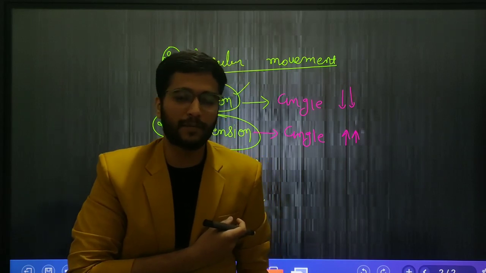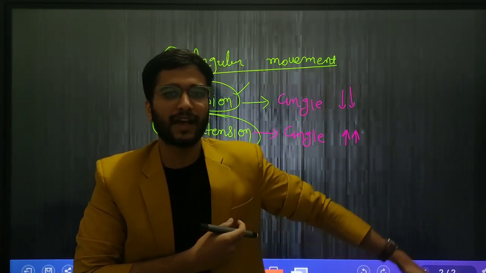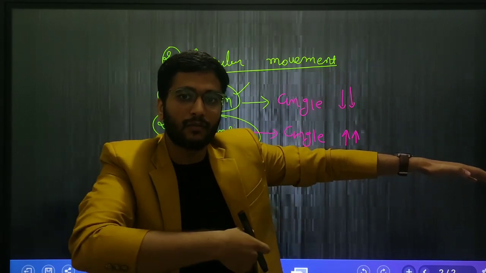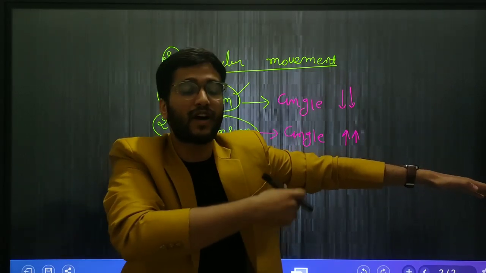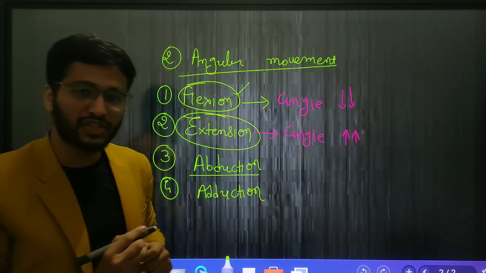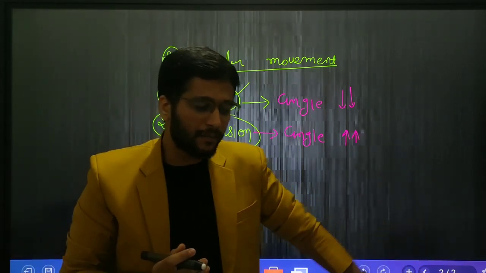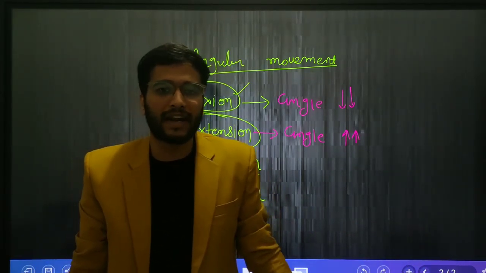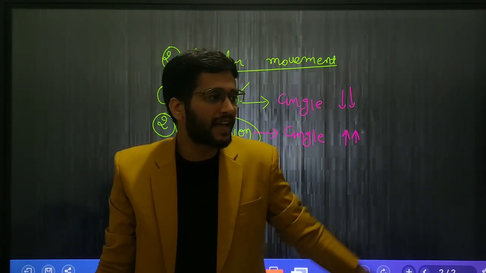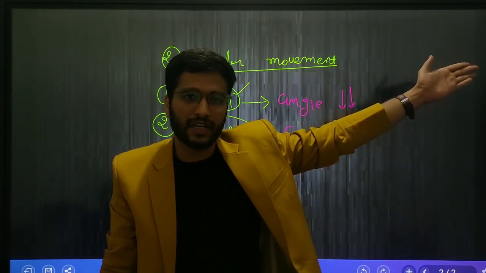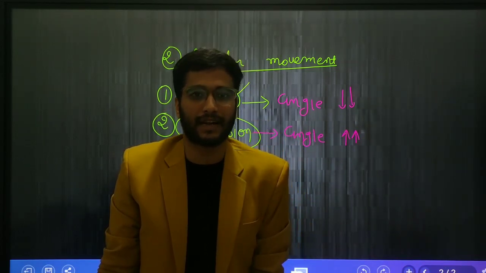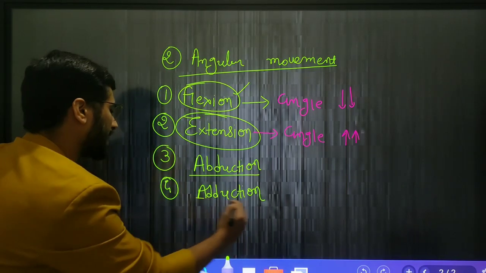If I raise my arm, the upper limb goes far from the midline, so that kind of movement is known as abduction. Suppose this is the normal anatomical position, and from it I raise the hand, then abduction occurs. If I take the hand towards the midline, that movement is known as adduction.